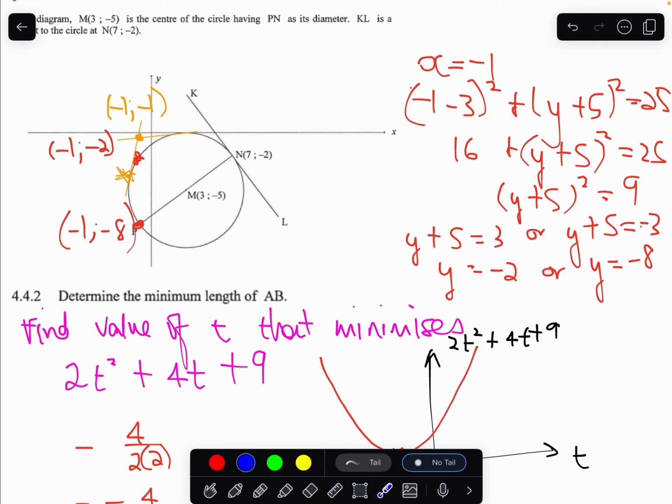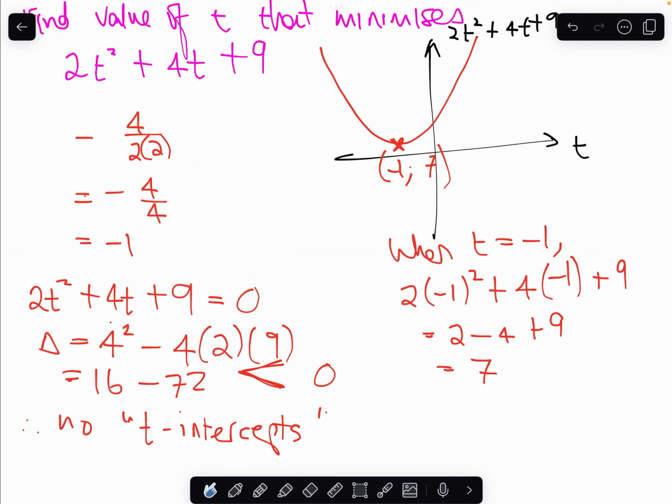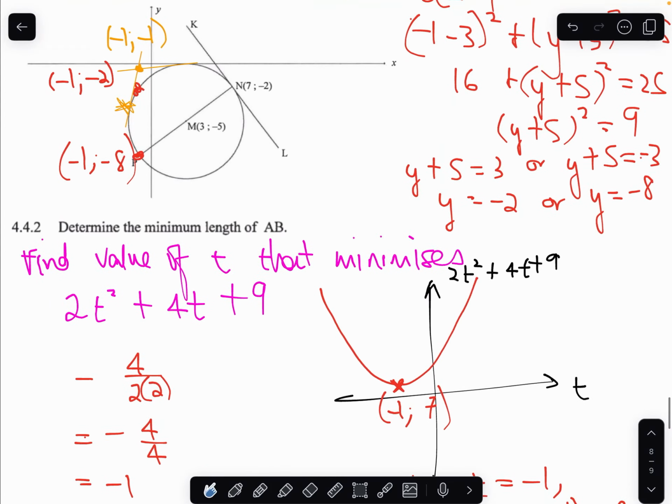So yeah, what was the question? Determine the minimum length. We found that the minimum length is 7. What do you think, Memo? Oh, oops, it's not 7, it's the square root of 7.